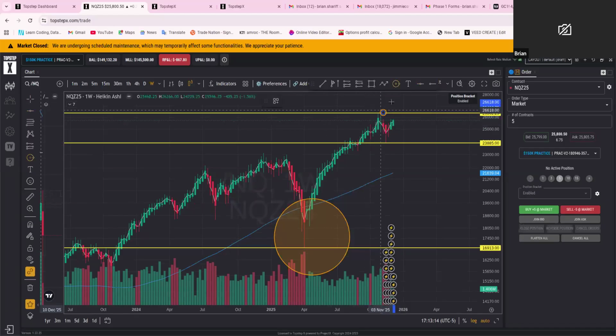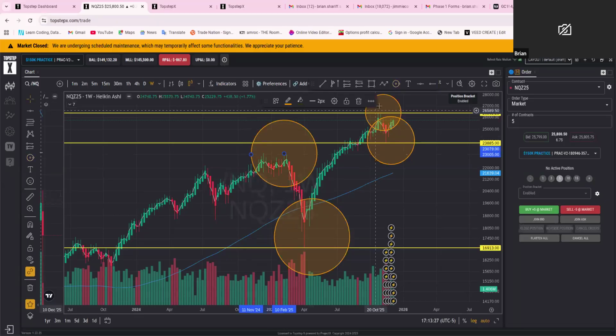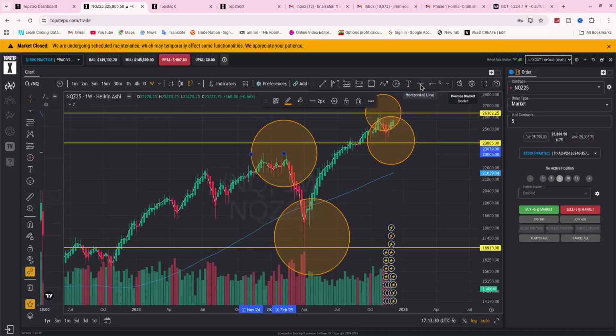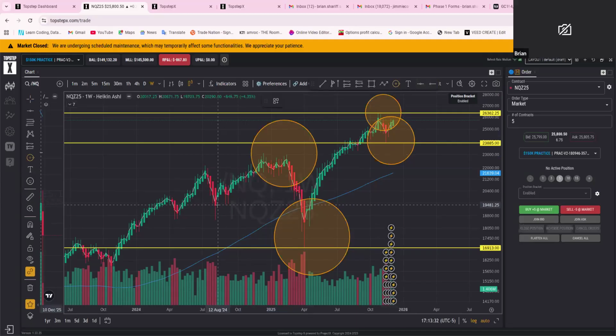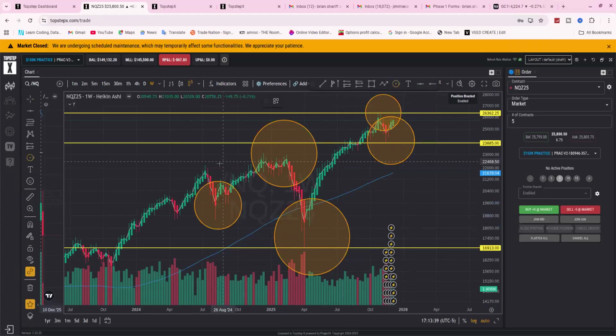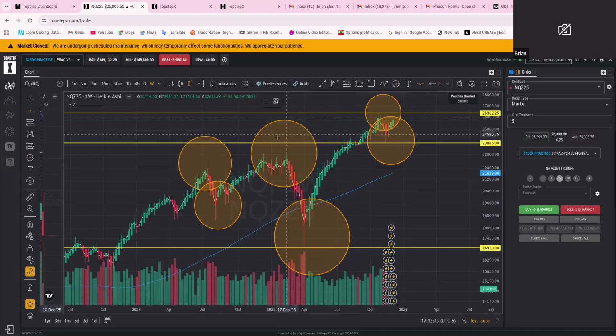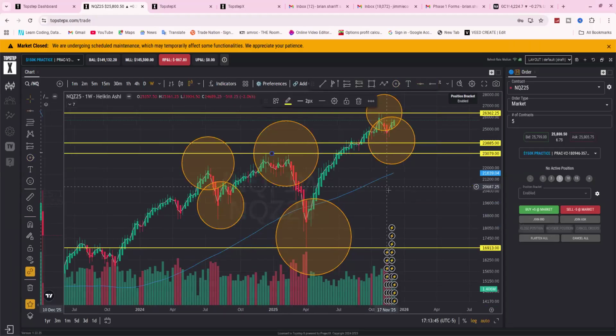This is a zone right here. This is also a zone. What we're doing is marking out the zones, the highs and the lows. And when you see those highs and lows, price rejected those areas. In other words, it gave you a pullback.